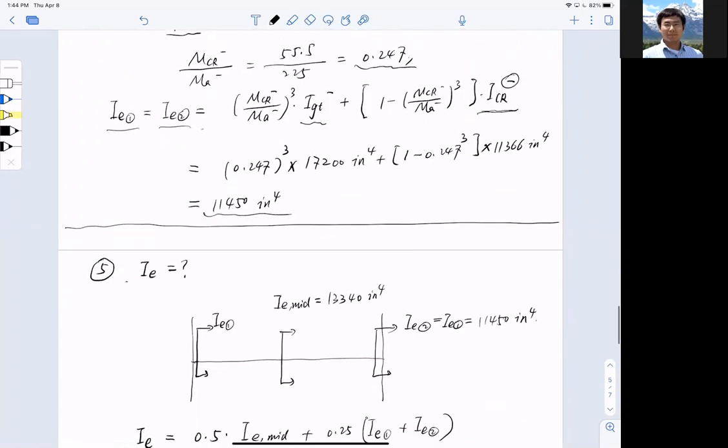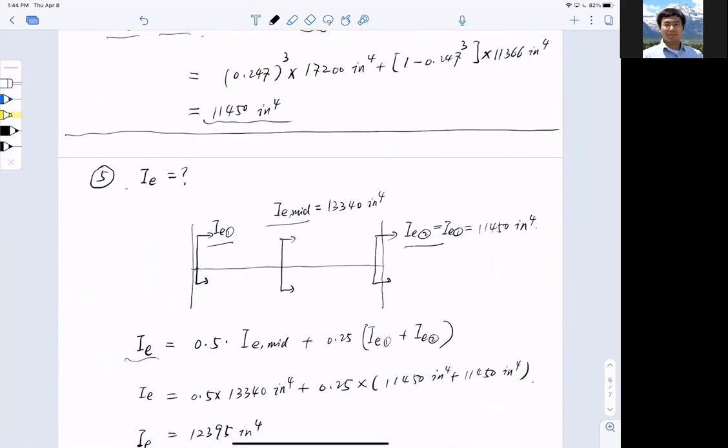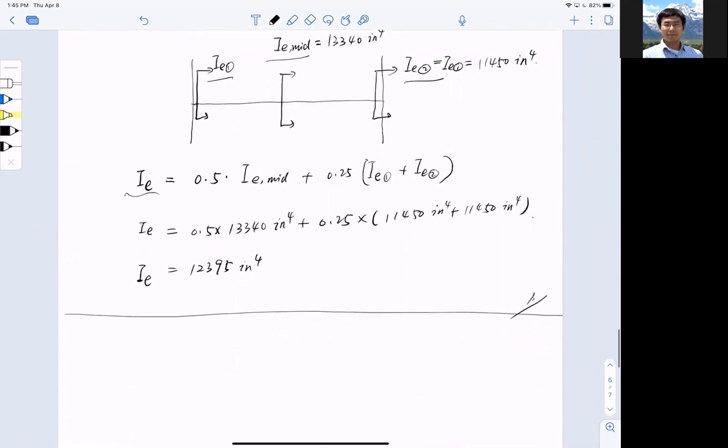Then you use I mid and I_E1, I_E2 to get your effective moment of inertia. Okay, so that is the process. Quite a long process, eh? And now, before I continue, any questions for me on this?